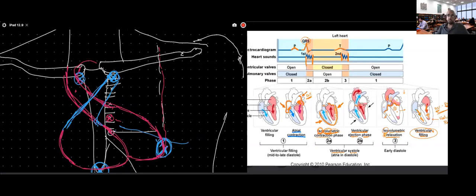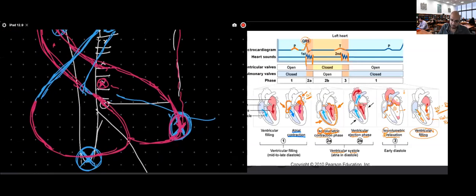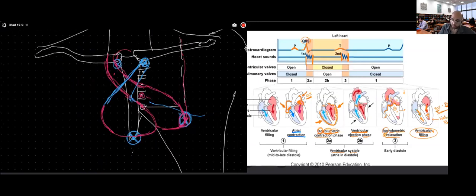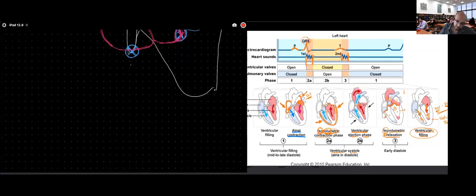All right, underneath the breast. So we're looking here at this point. This is pointing to the apex, and the apex is the best site to hear a defect in the mitral valve.